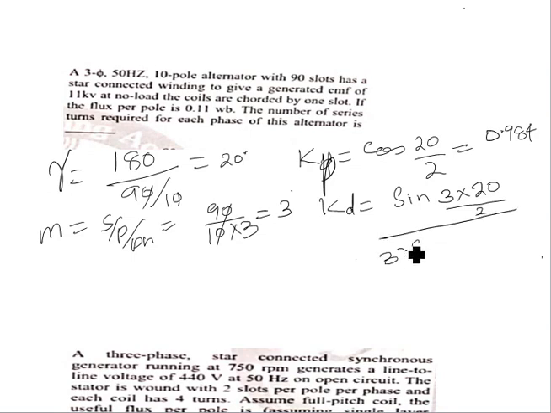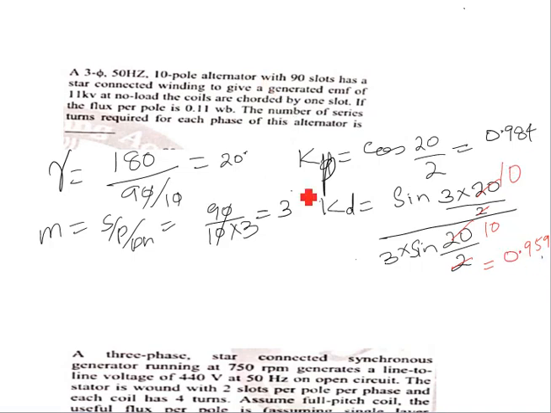M is 3 and gamma is 20 degrees, so 20 by 2 is 10 degrees. So it will be sine 30 degrees by sine 10 degrees, and the answer is 0.959.